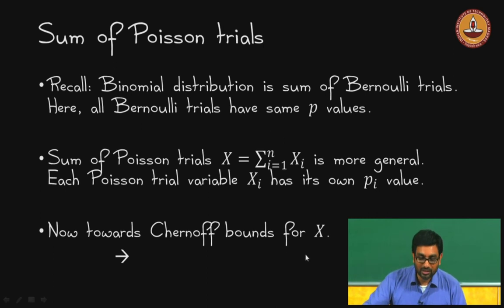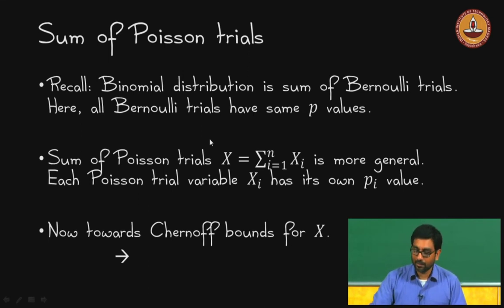Okay. What is the general part of it? When you take the binomial distribution, each Bernoulli trial must have the same probability of success p. Okay. When we go into sum of Poisson trials, we are generalizing, we are allowing each Poisson random variable xi to be 1 with some probability pi and 0 with probability 1 minus pi, and these pi's can be different for each xi.